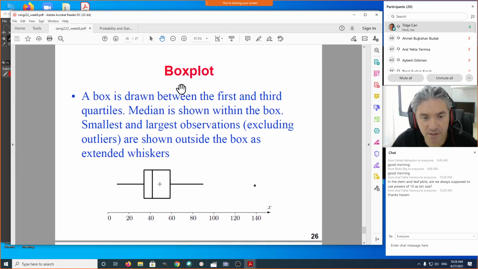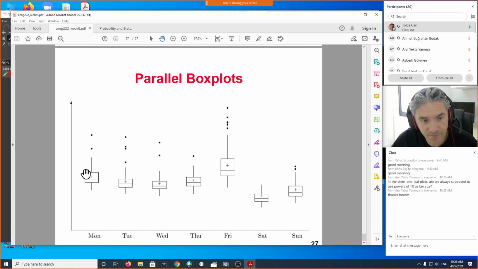So the box plot shows a couple of things. The median is shown. A box is drawn between the first and third quartile, so it actually shows the interquartile range. The length of this box from bottom to top, if you're viewing it like this, shows you the interquartile range.